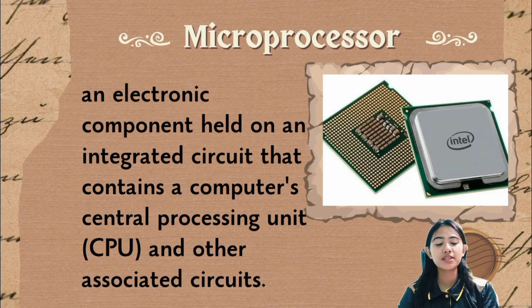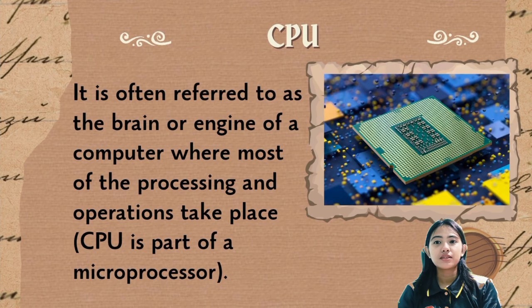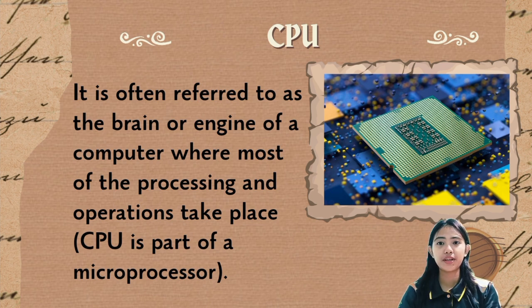CPU, or Central Processing Unit, is often referred to as the brain or engine of a computer, where most of the processing and operation take place. The CPU is the main part of the computer that carries out instructions from a program.